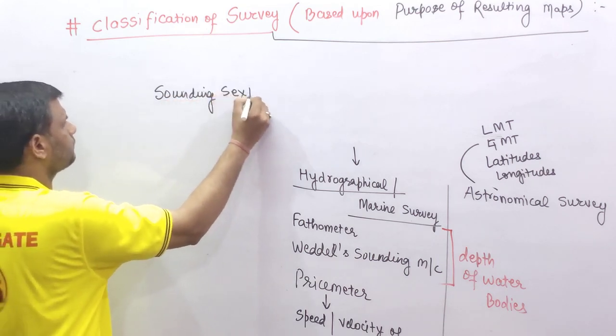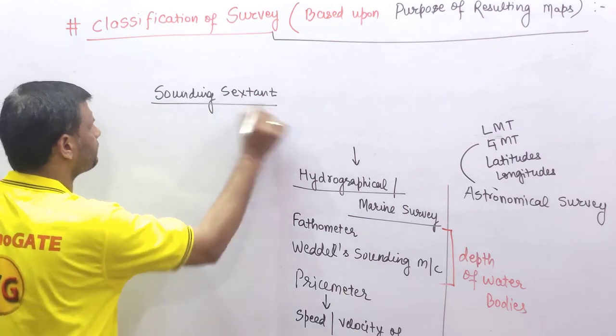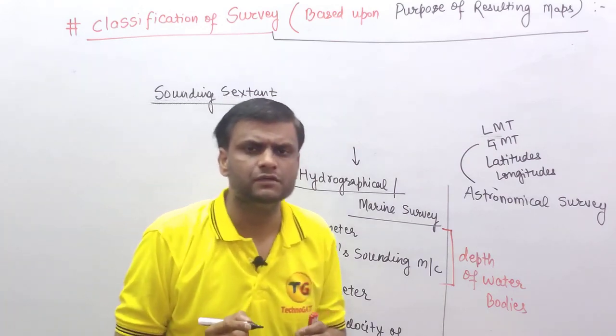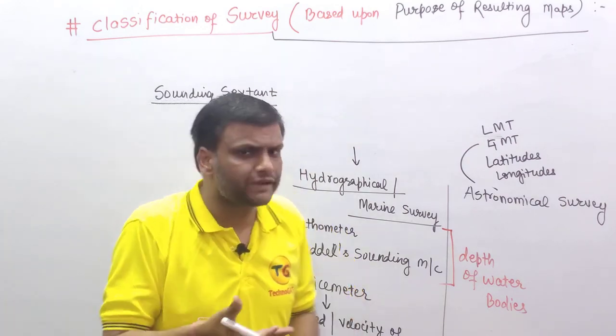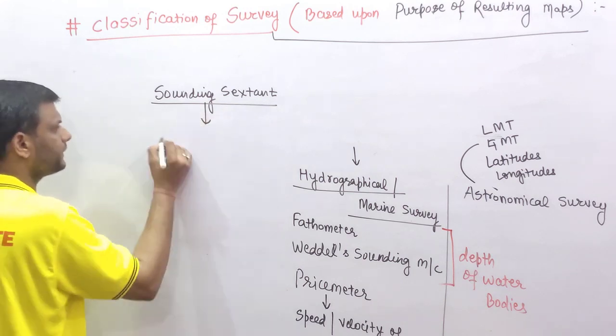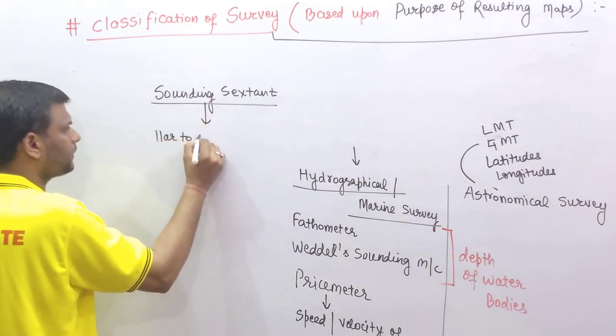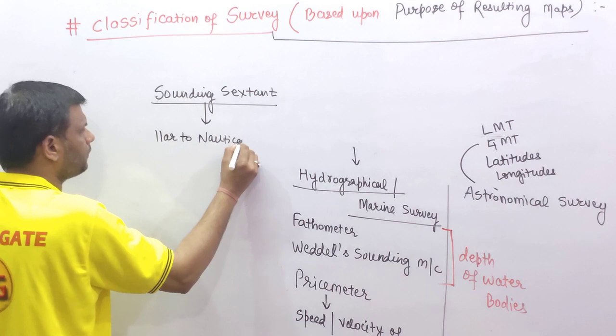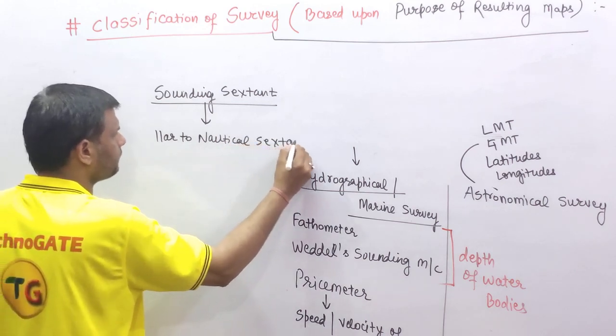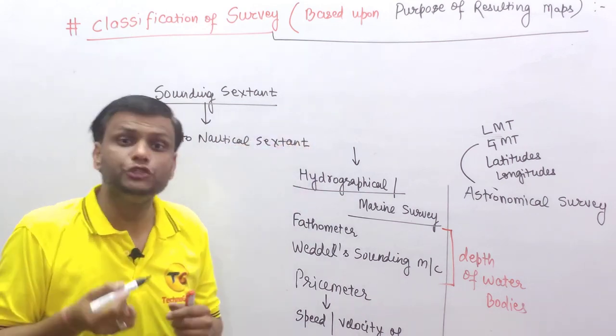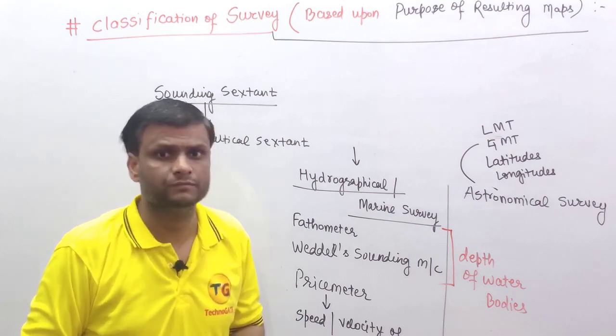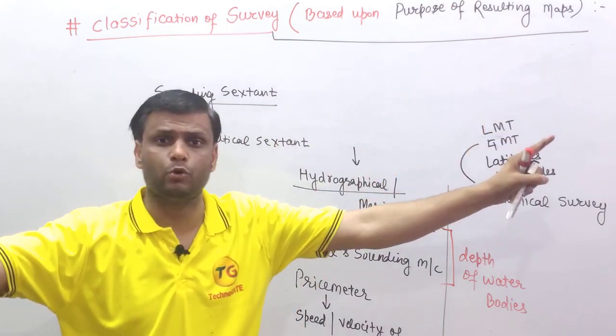Sounding sextant is basically similar to nautical sextant, which is used to measure the angle between two water bodies.